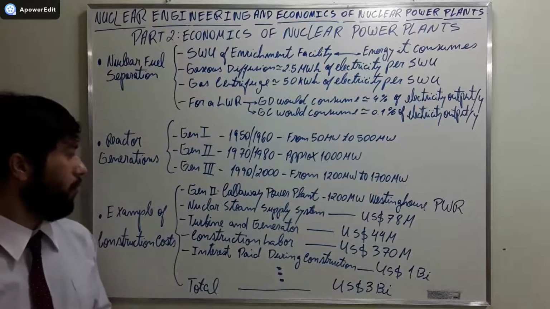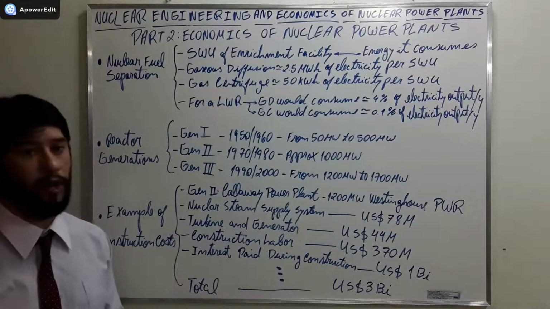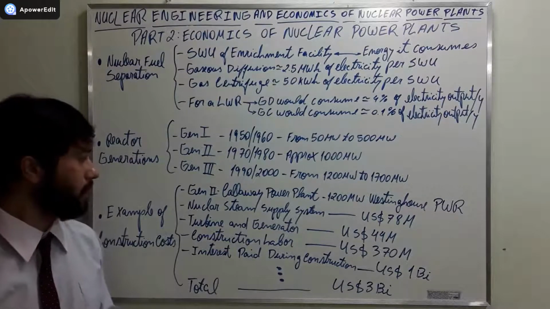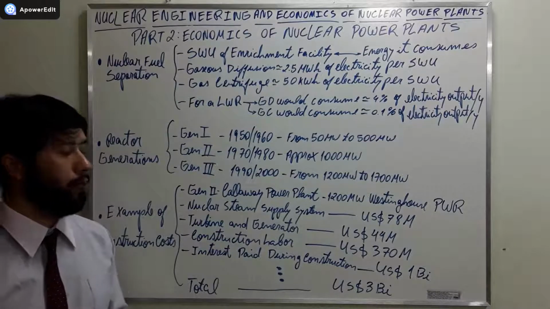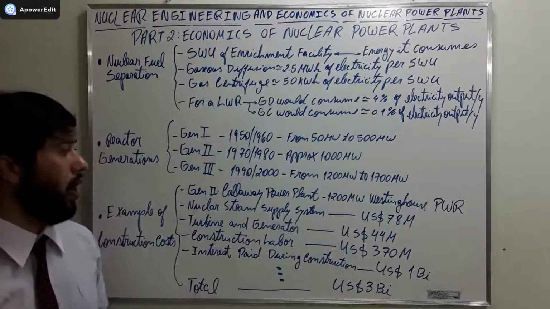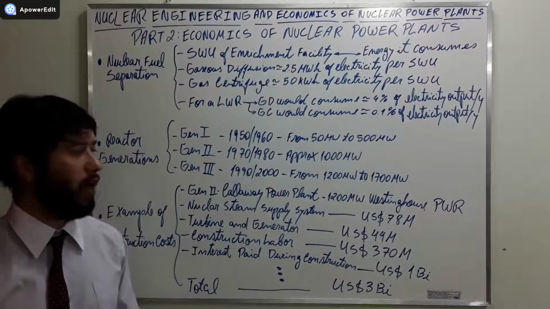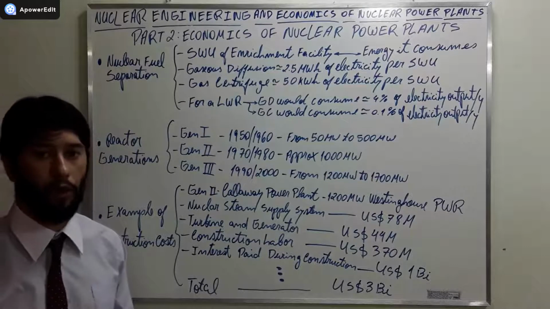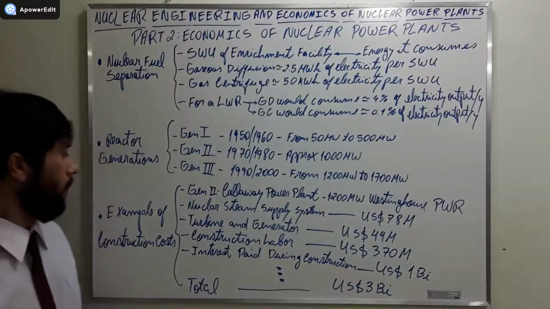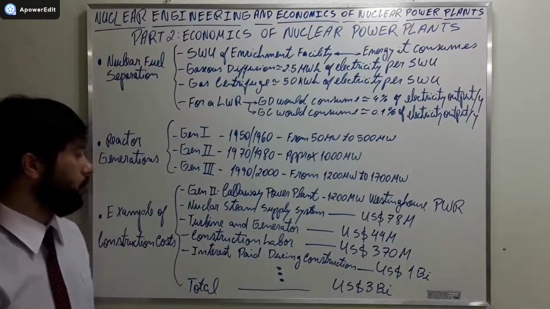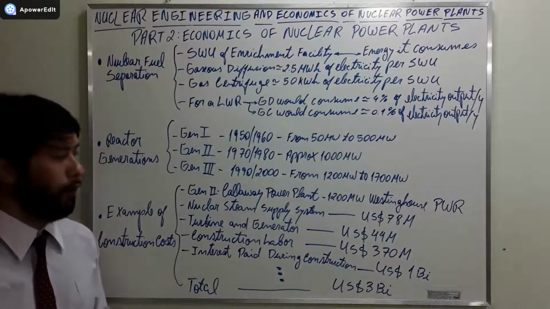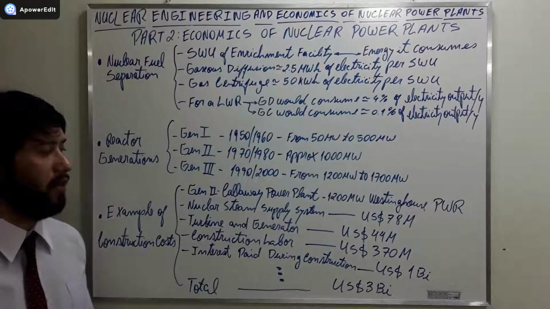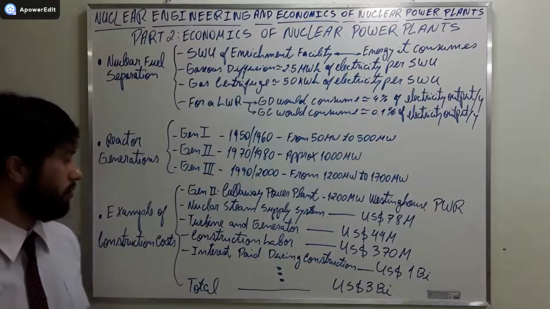In this example, we are going to see a Generation 2 reactor. The Callaway power plant is a 1,200 megawatts Westinghouse pressurized water reactor. The cost of a nuclear steam supply system was 78 million American dollars.